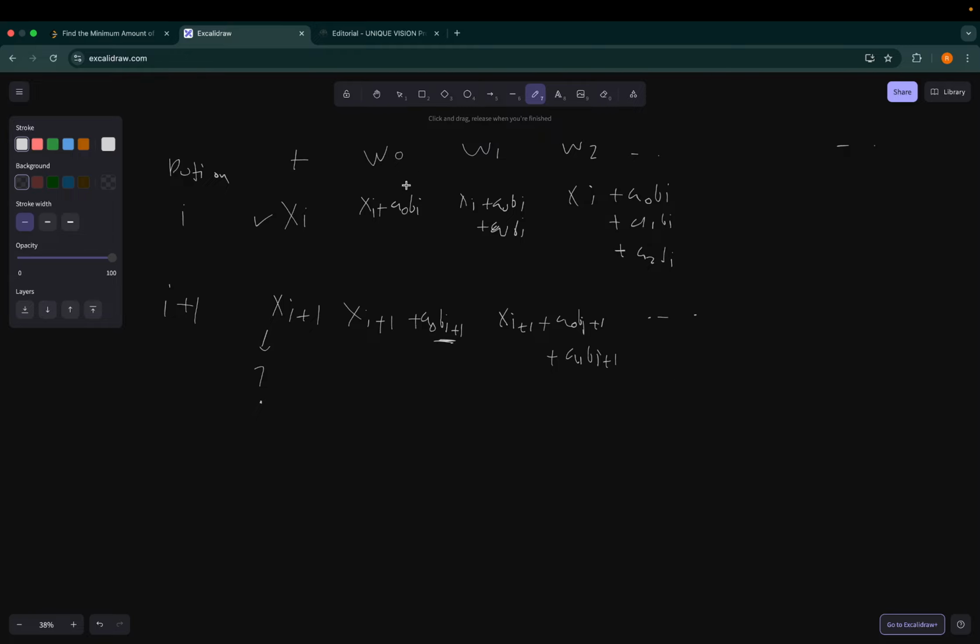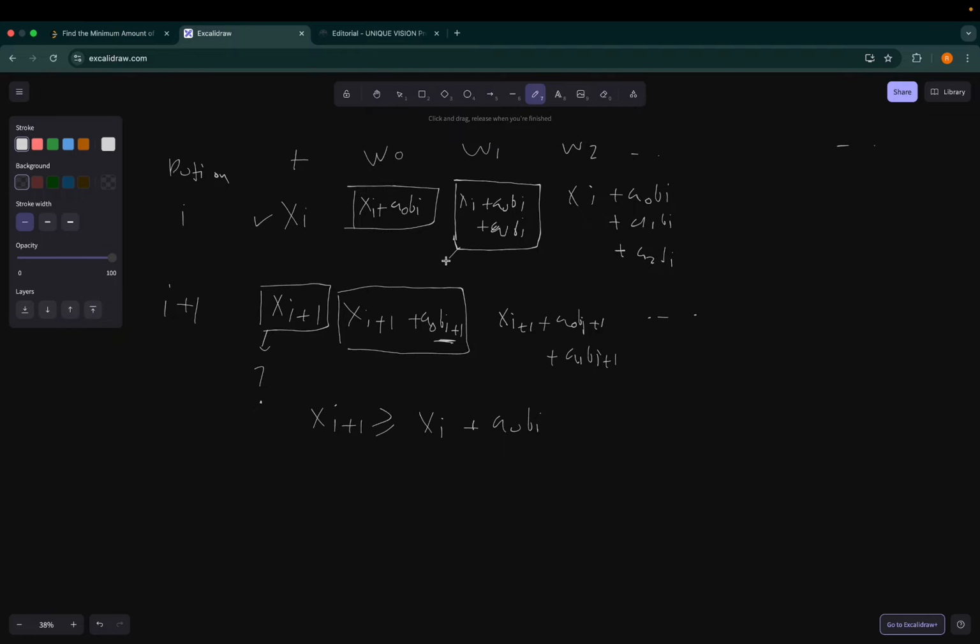So now this guy would complete by this much time, but he picked the next potion at this time. So now we get an inequality over here: xi plus 1 should be greater than or equal to xi plus a0 bi. And then wizard 0 finished it by this time, but wizard 1 finished the previous potion by this time, right?